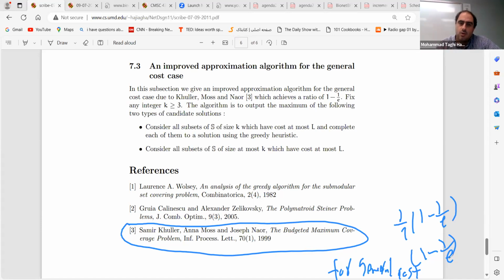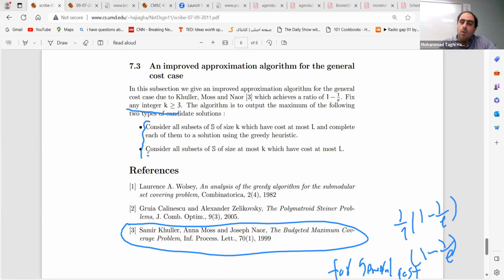Now let's go on. You see, this is again some type of configuration, but this is the algorithm. So fix an integer k greater than or equal to 3. Then the algorithm essentially is to output the maximum weight of 2 types of candidate solutions.